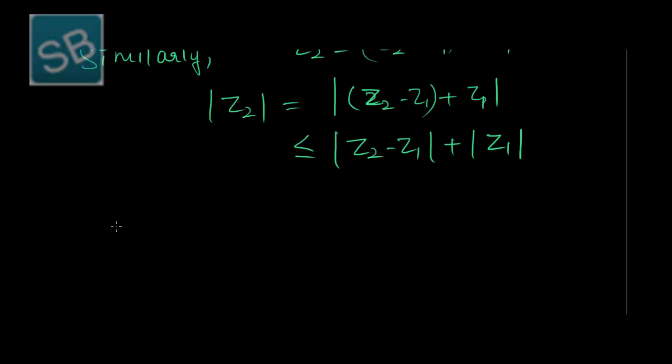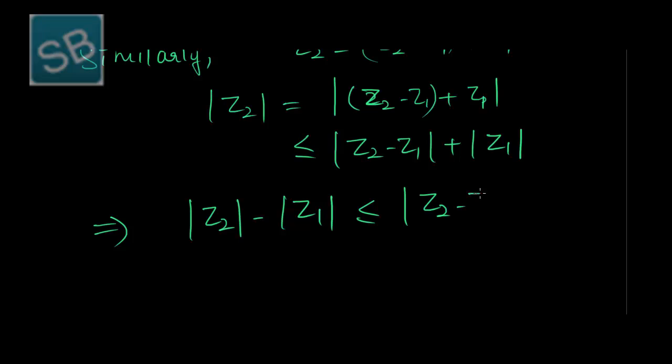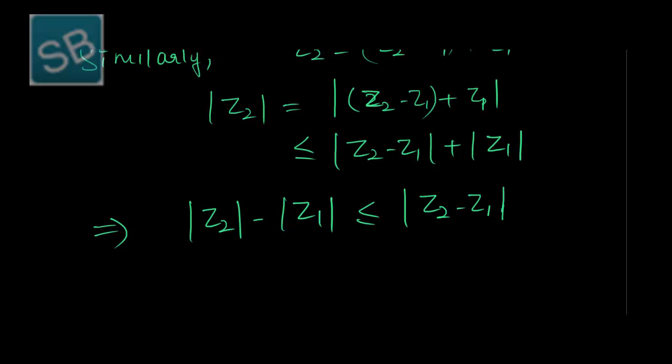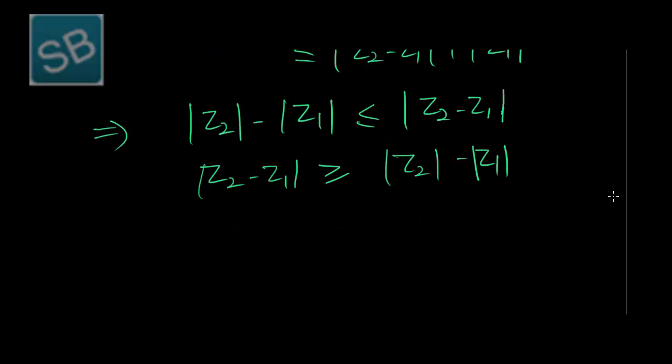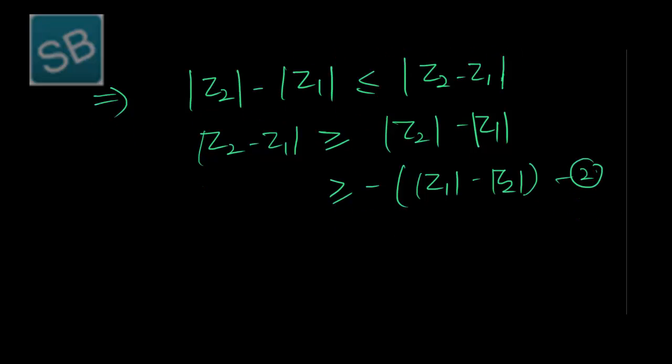So again we get |Z2| − |Z1| is less than or equal to |Z2 − Z1|. That is |Z2 − Z1| is greater than or equal to −(|Z1| − |Z2|). That is number 2.